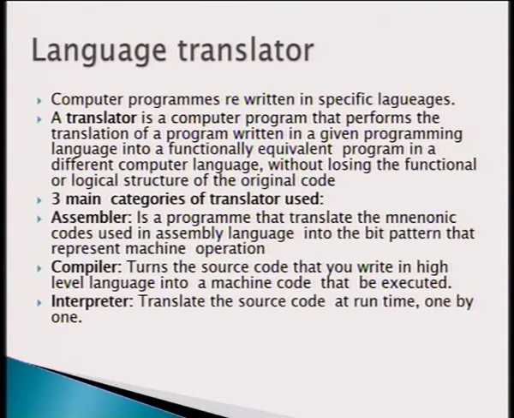Now, a translator is a computer program that performs a translation of a program written in a given programming language into a functionally equivalent program in a different computer language. So basically, the translator is the one that translates from one code of the computer to another.